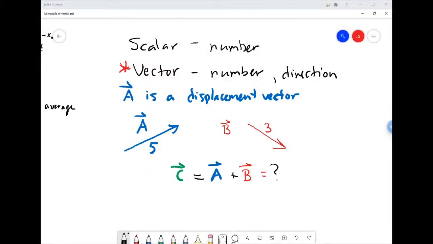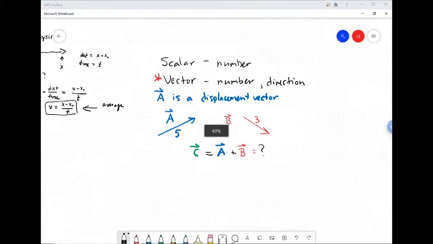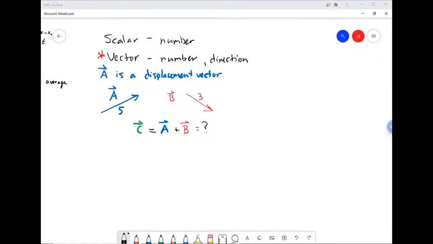So one way you could add these vectors together graphically, it's like adding arrows together in a method that's called tip to tail. Maybe they both point in the same direction.